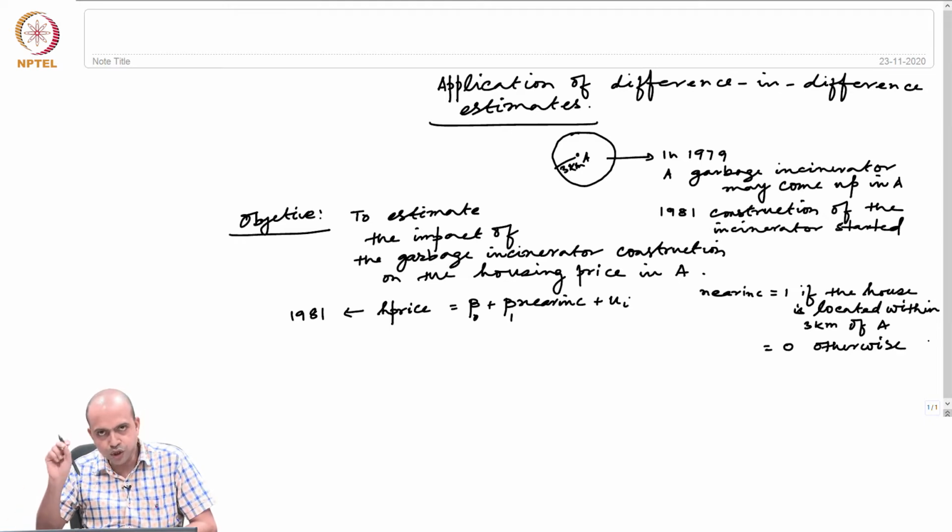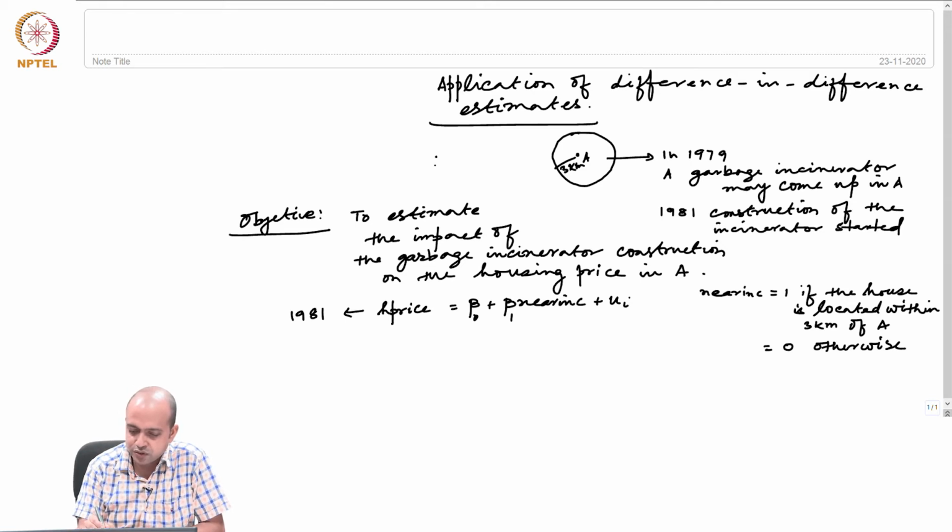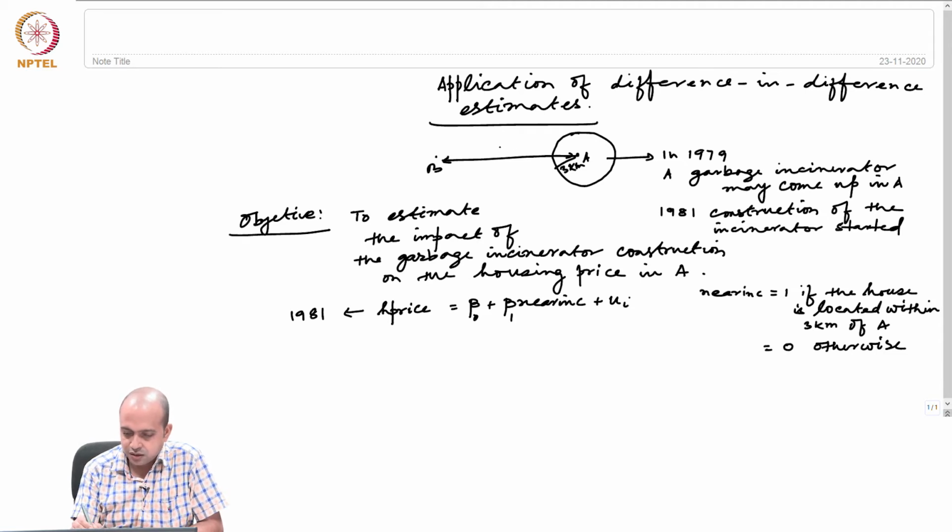If the house is located within the 3 km radius of A, it equals 1. That means we will consider the house is near the incinerator. If the distance of the house is more than 3 kilometers from A, for example, let us say this is a place B, and this distance is let us say 9 km.